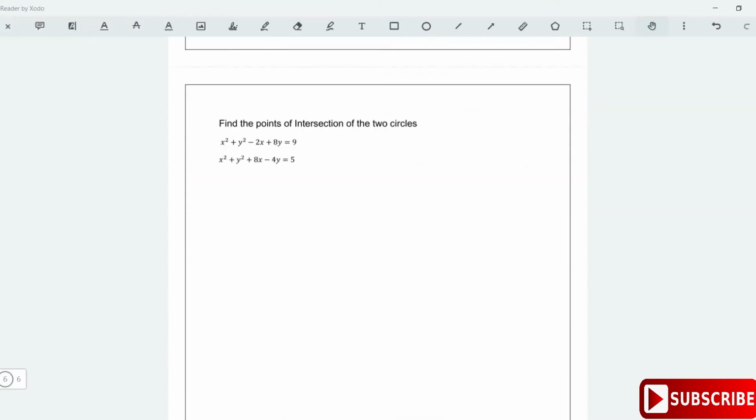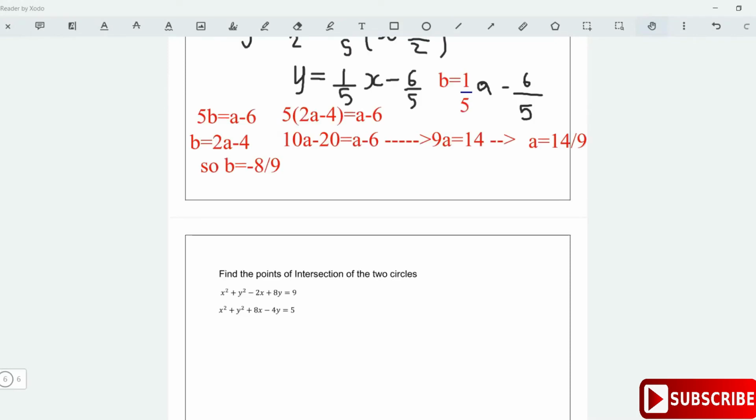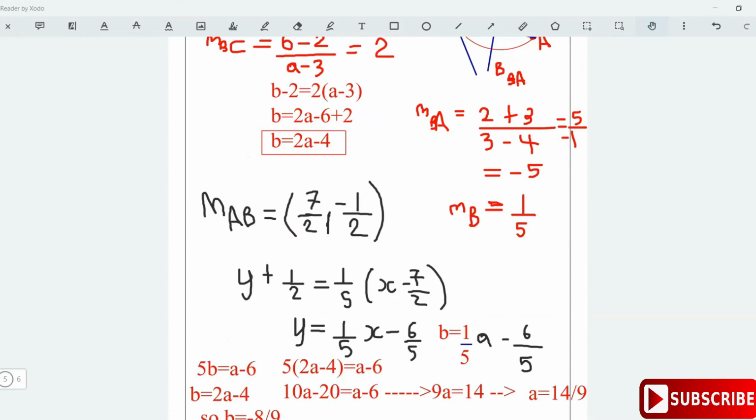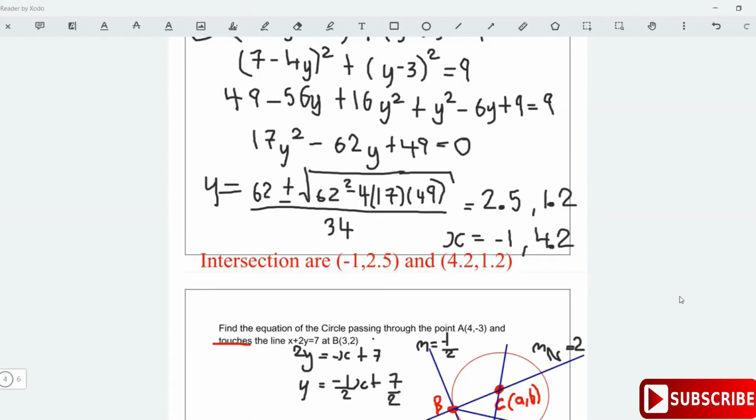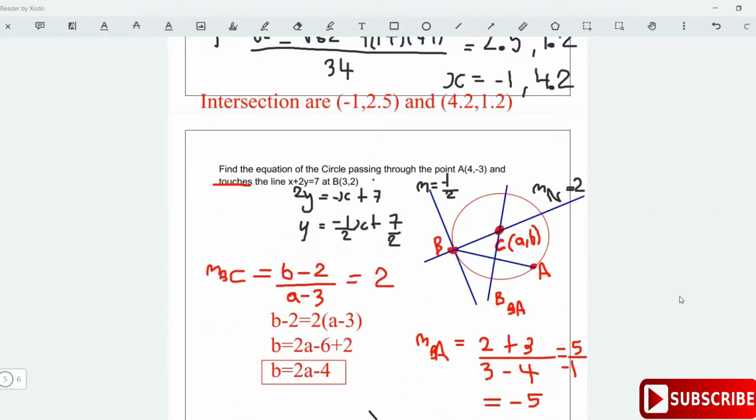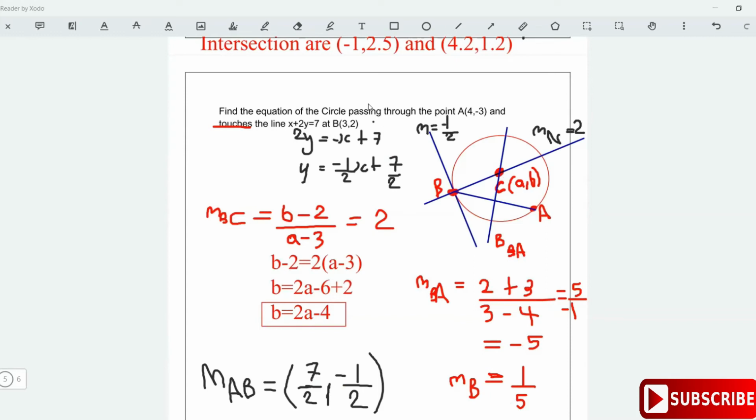This is very helpful because look at this now. We know the center is 14 over 9, minus 8 over 9. And we know b is 3, 2.